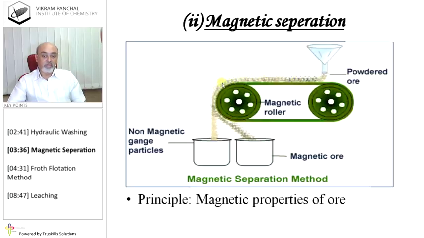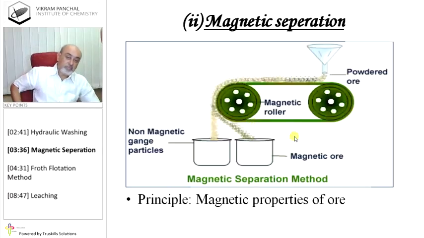When this powder ore passes through this edge of the wheel, because of the magnetic property of the wheel, the magnetic ore or magnetic particles remain with the wheel, and non-magnetic particles fall. So non-magnetic particles can be collected in one container, and at this level magnetic particles which leave the wheel and conveyor belt, you can collect them over here.